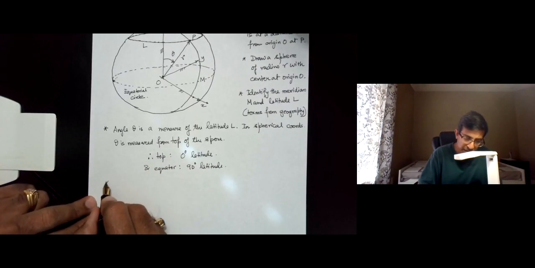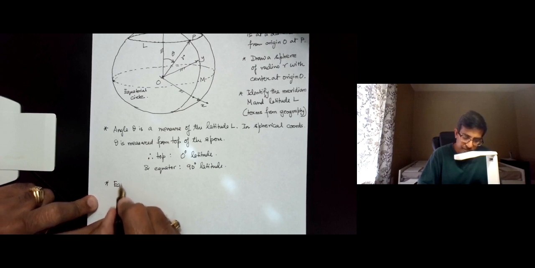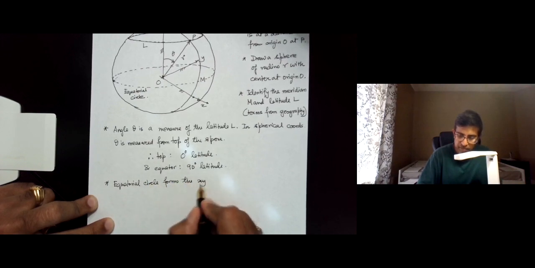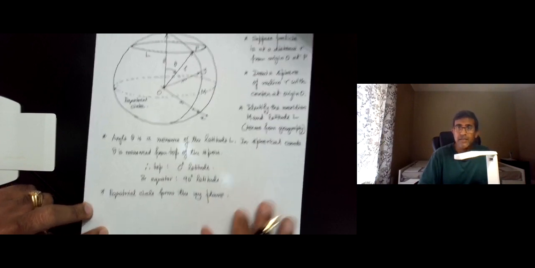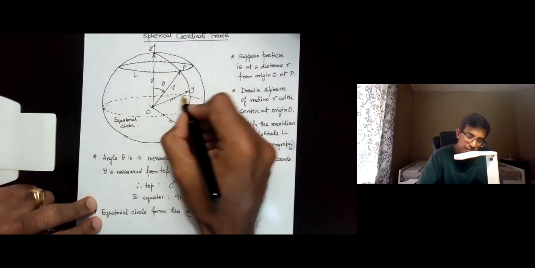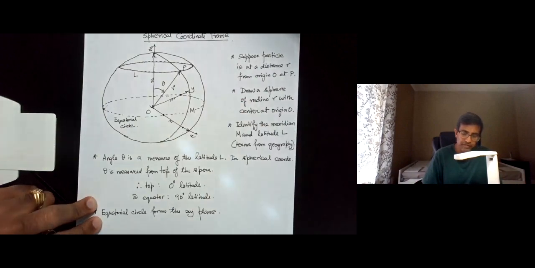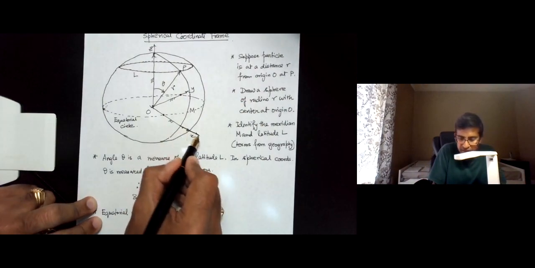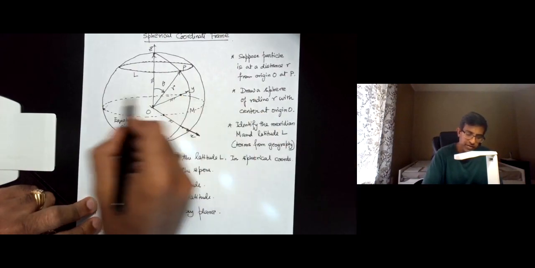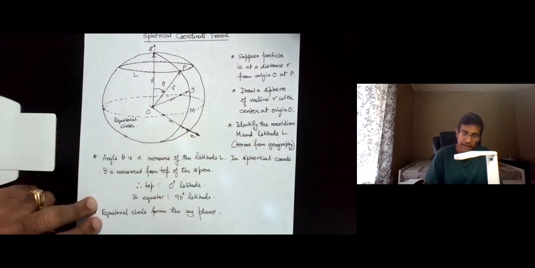This forms the XY plane. So in other words, the x-axis is going through this point, the y-axis is going through this point. This is just an extension of the x-axis. So the x-axis is going through this point, y-axis is going through this point. This is the equatorial circle. Of course, it forms a plane, and it actually forms the XY plane.